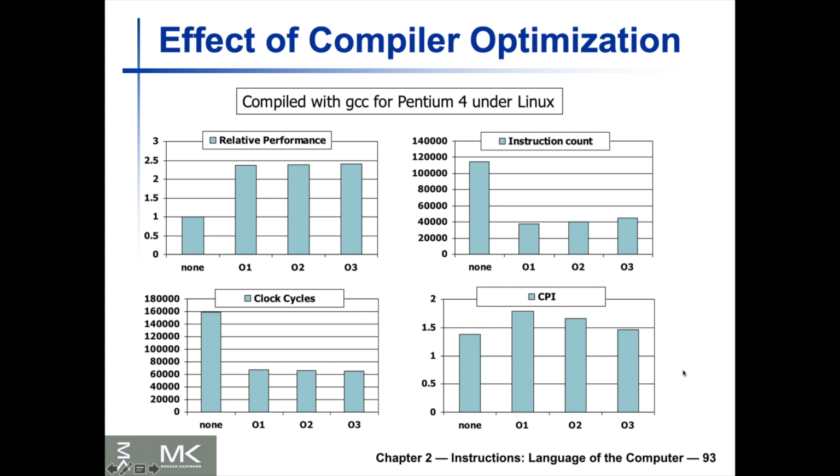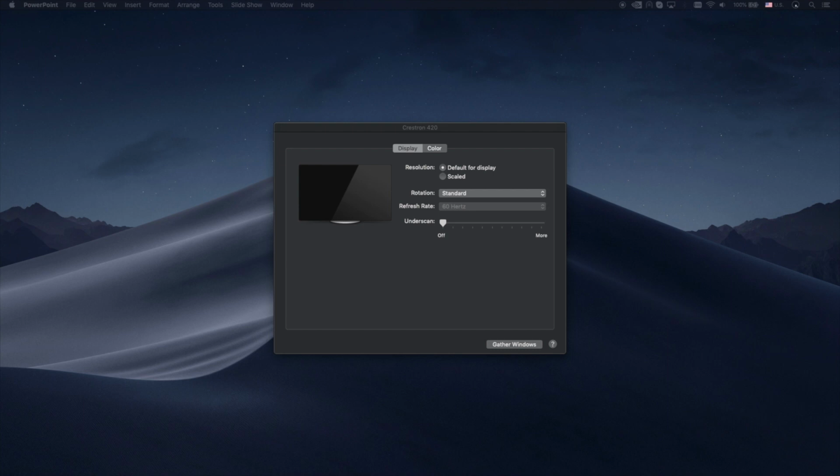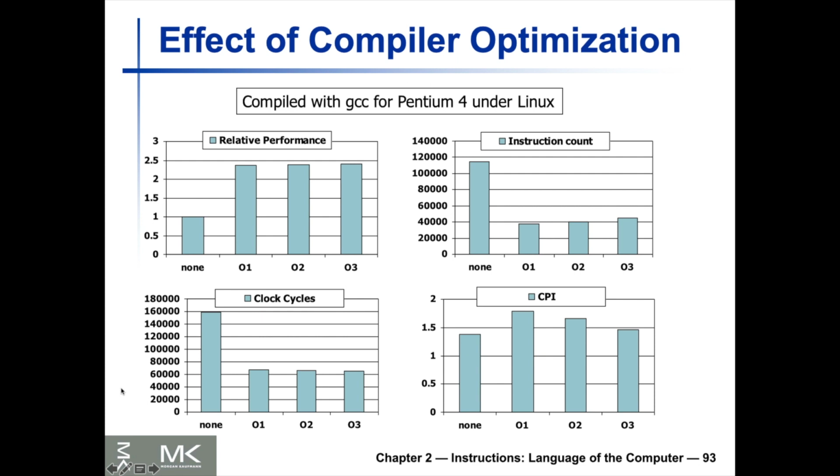There are a few slides left on chapter 2. Mostly they are information for yourself. Many of these optimizations that we do here can be done automatically by a compiler flag, right?